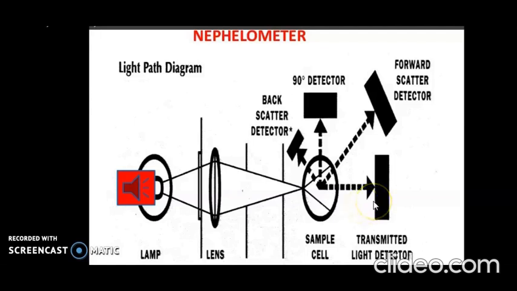And it also consists of a light shield or the transmitted light detector for absorbing the direct rays, and the scattered rays, which undergo scattering to an extent of 90 degrees, are sensed by the phototube, which is kept at right angles to the sample tube. And there is also a back scatter detector and forward scatter detector in the instrument.